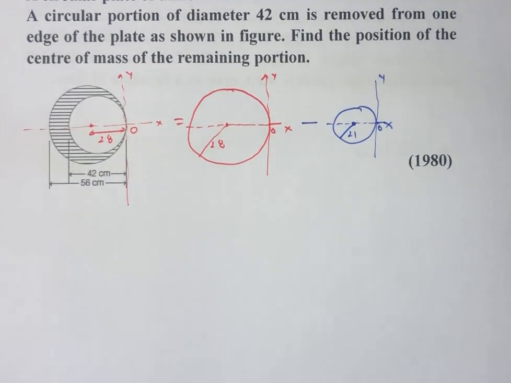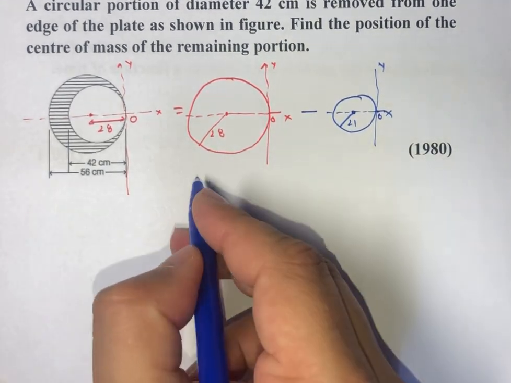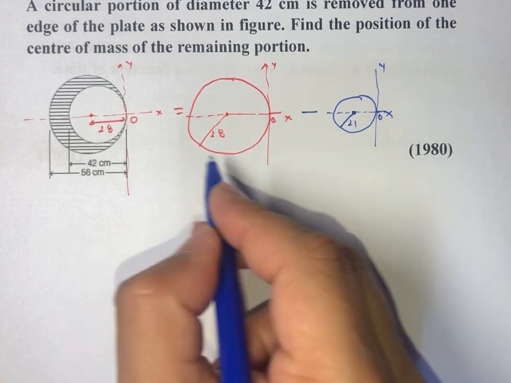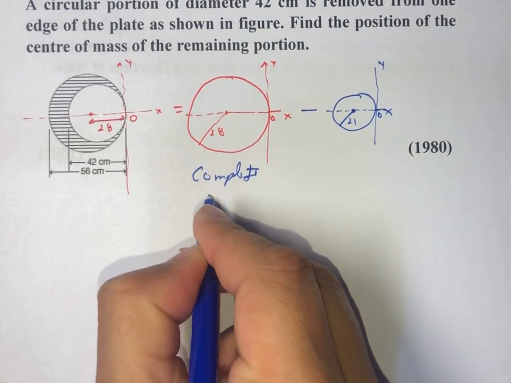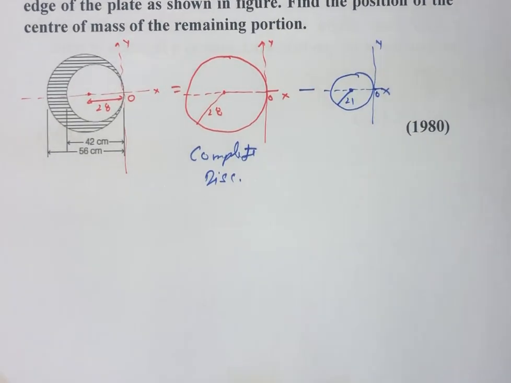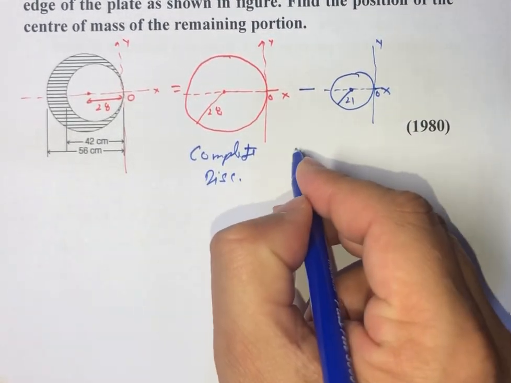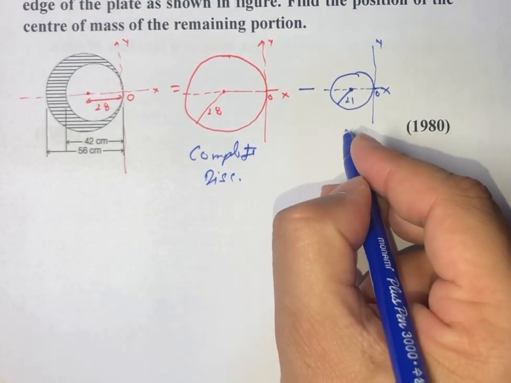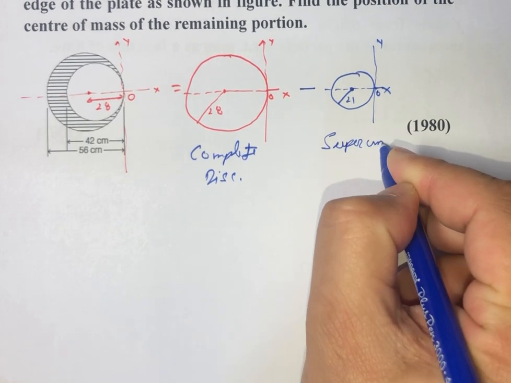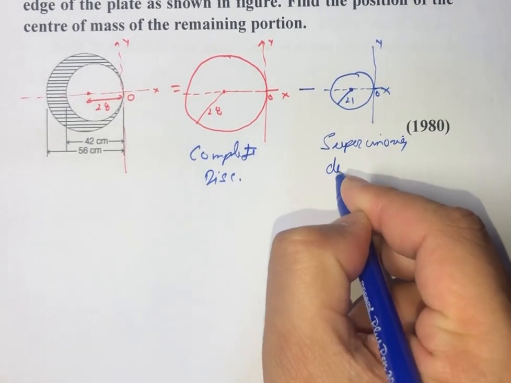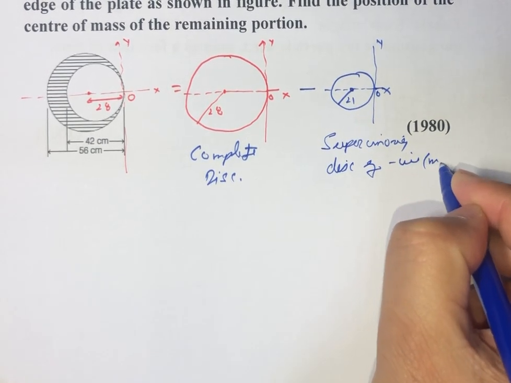So you can write this as, so this is our disc with a complete disc, and with this complete disc, if we superimpose a disc of negative mass, we can say this particular is a superimposing disc of negative mass.